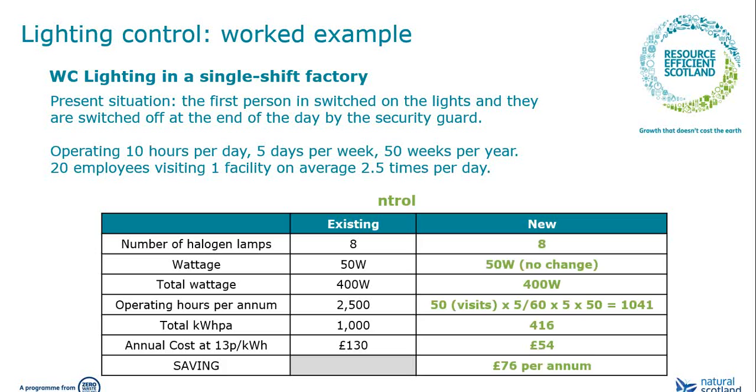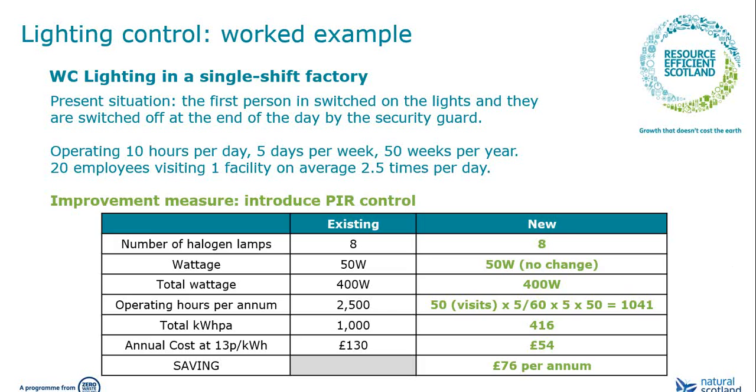Well, we've got the same number of lamps. I'm just stepping down the right hand side of the table now. The same wattage. But now we're going to assume that we have 50 visits, that's 20 employees visiting 2.5 times a day, for 5 minutes for each visit, and then for 5 days a week and 50 weeks per year.